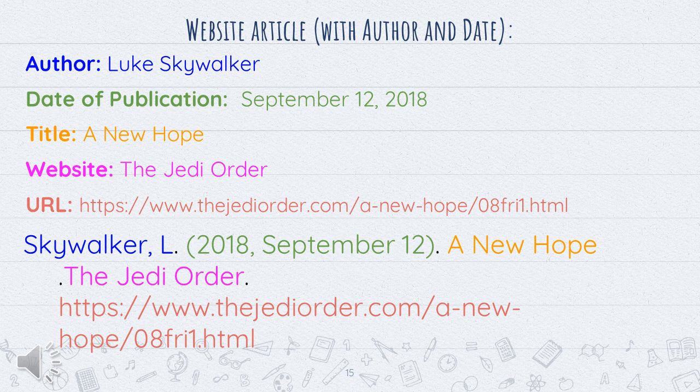Kasi website yung kinuhaan mo. So, this time sa example natin, ang website name ay The Jedi Order. So, ganun-ganun din siya isusulat dito, right after ng title. A New Hope, The Jedi Order, period, and now, you can insert na po yung URL or yung link kung saan mo na-access yung data na iyon.